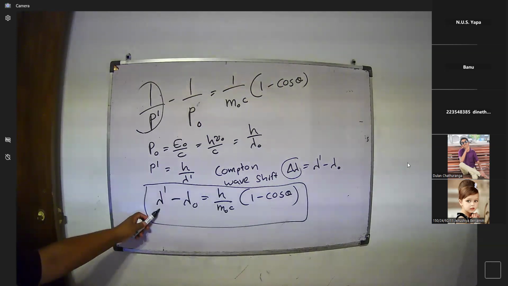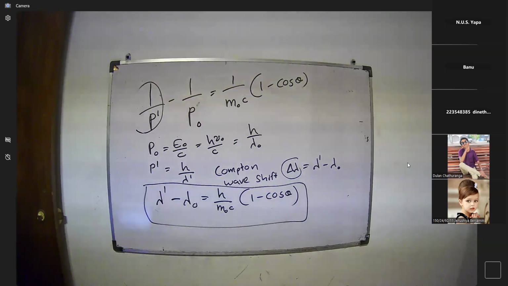Then we call this the quantum wavelength. They may give only cos theta, the scattering angle, and ask what is the scattering shift, what is the quantum shift, right? But you should know how to prove the equation of the quantum effect.